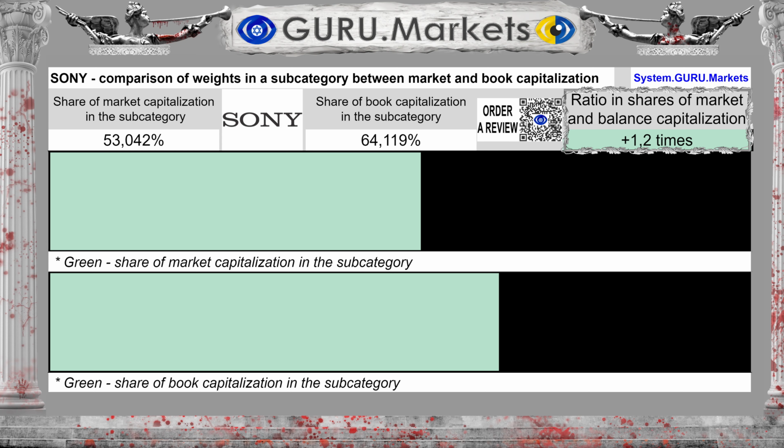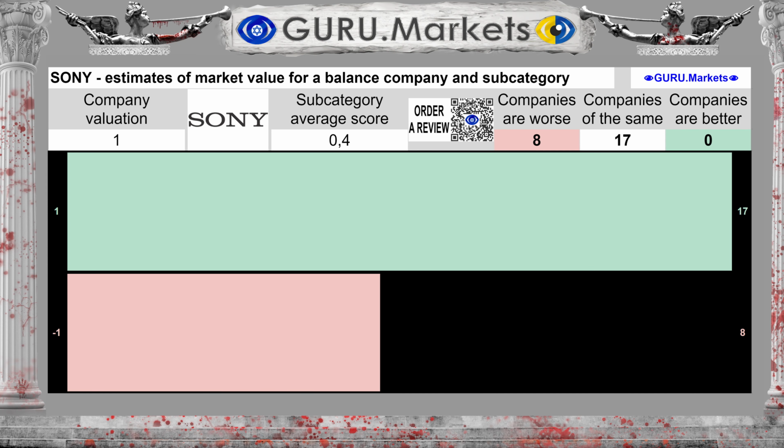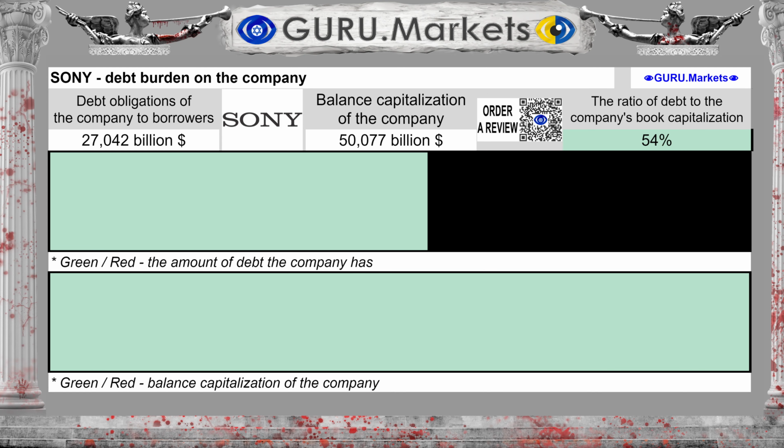This is 21% more than the share of stock market capitalization. Assessment of the company's share of market and balance capitalization in the subcategory: Good, 1 point.